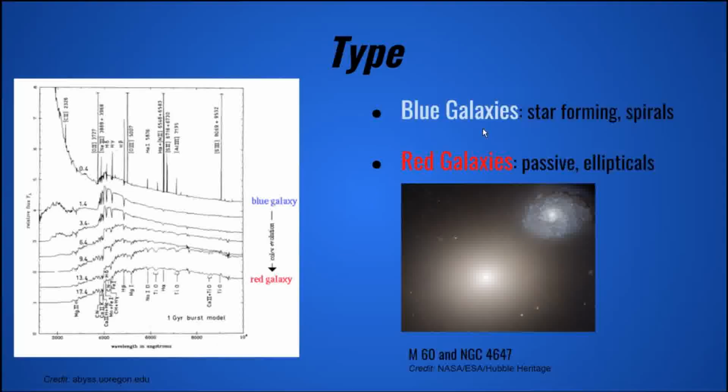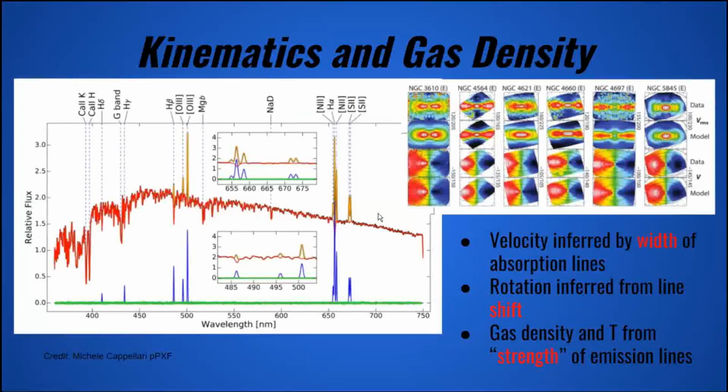Usually, star forming are spirals and passive are ellipticals, usually. We'll see that later.